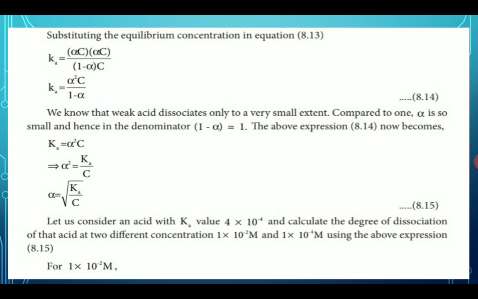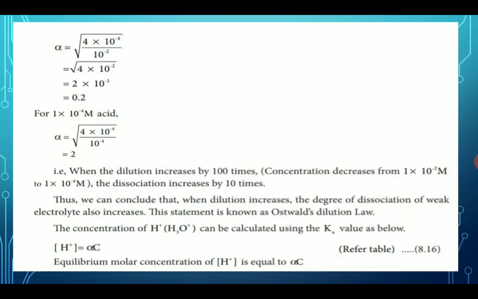Let us consider an acid with Ka value 4 into 10 power minus 4 and calculate the degree of dissociation of that acid at two different concentrations. The two concentrations given were 1 into 10 power minus 2 M and 1 into 10 power minus 4 M, using the above expression. For the first one, alpha is equal to, substituting the value, the square root of 4 into 10 power minus 4 divided by 10 power minus 2.